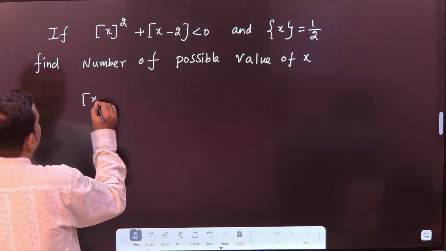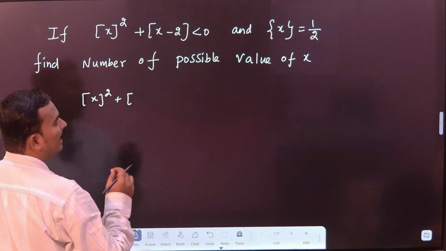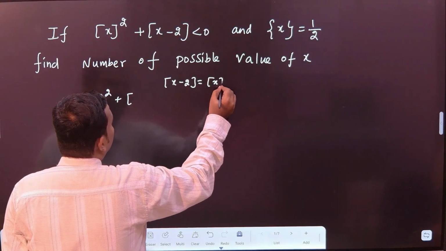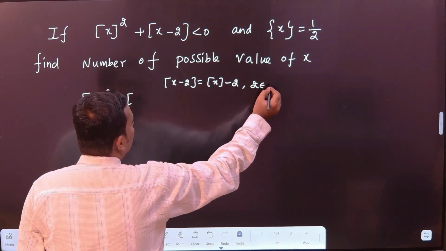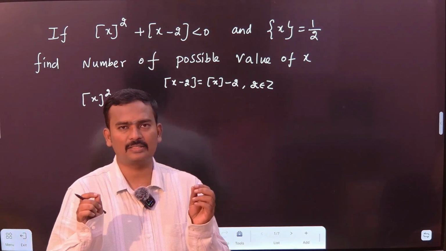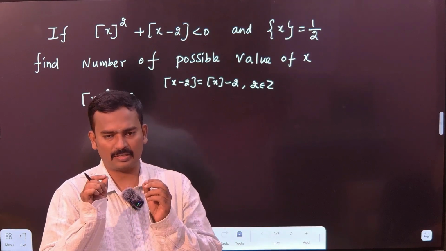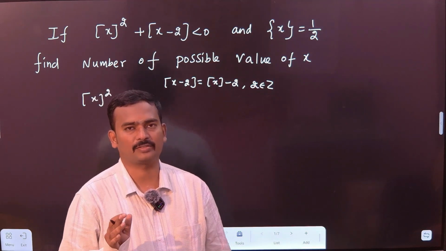you can see the greatest integer function whole square plus greatest integer function x minus 2. How to write? You know that greatest integer function x minus 2, you can write as greatest integer function x minus 2, we can write when here 2 belongs to integer. So we already know that greatest integer function of x plus or minus n is equal to greatest integer function of x plus or minus n when n belongs to integers, right?